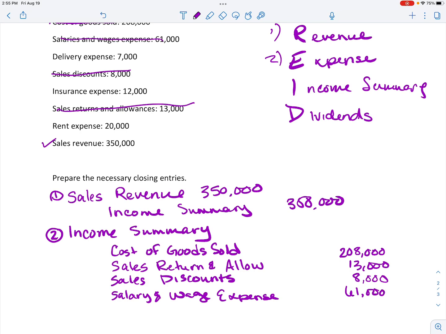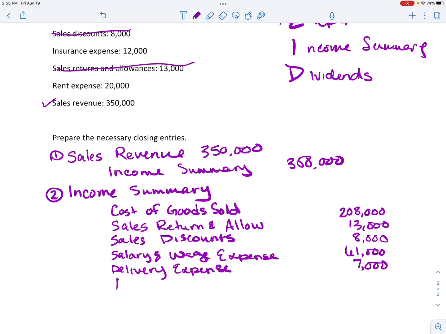We have our delivery expense, which is $7,000. Insurance expense, which is $12,000. And finally our rent expense, which is $20,000.